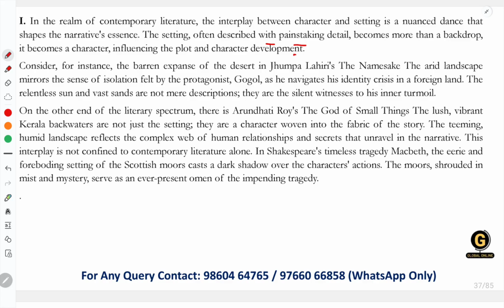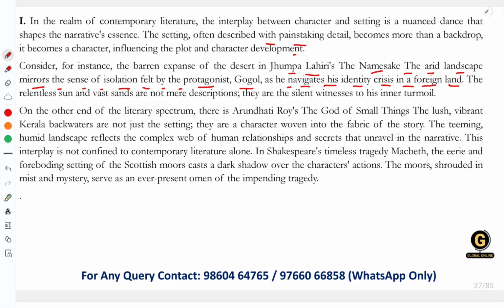Consider, for instance, the barren desert in Jhumpa Lahiri's The Namesake, the arid landscape mirrors the sense of isolation felt by the protagonist Gogol as he navigates his identity crisis in a foreign land. The relentless sun and vast sands are not mere descriptions, they are silent witnesses to his inner turmoil.